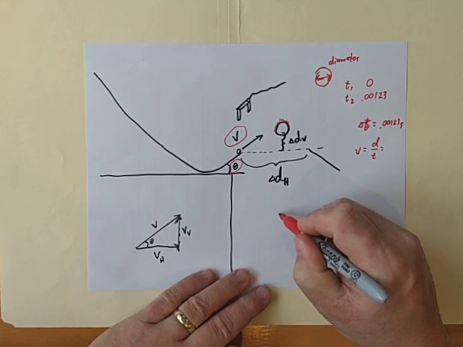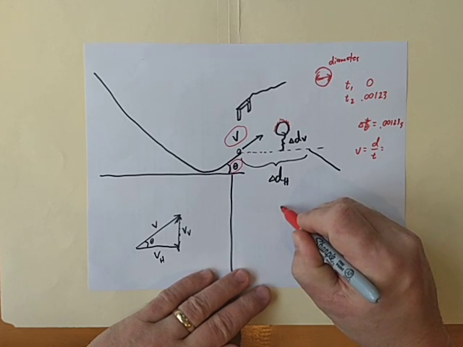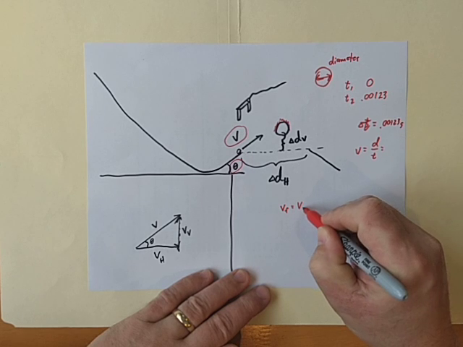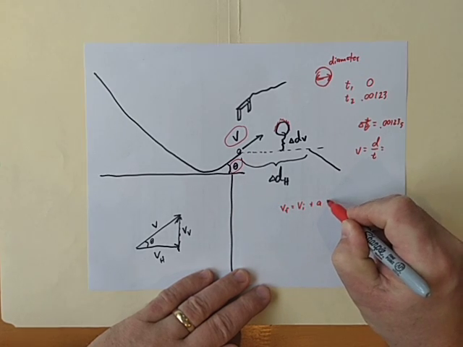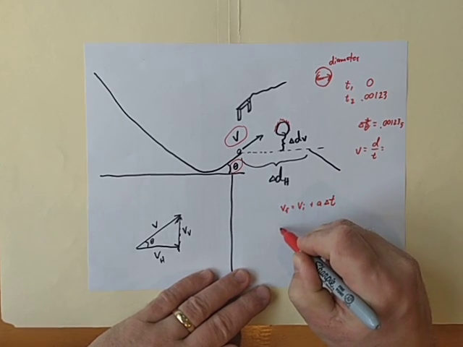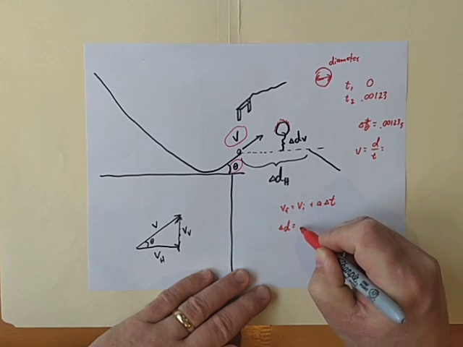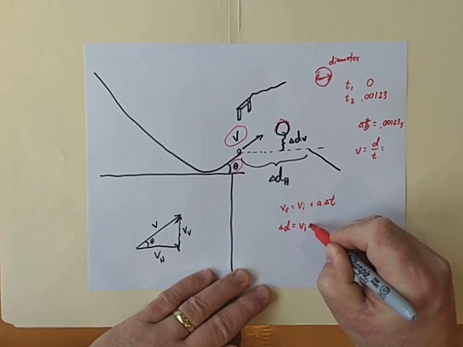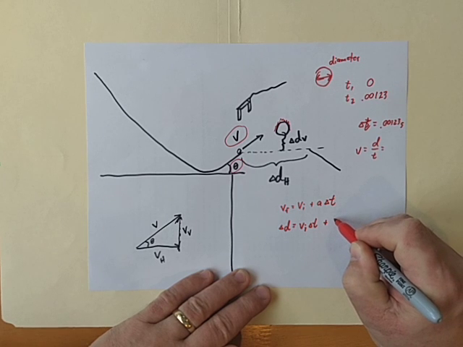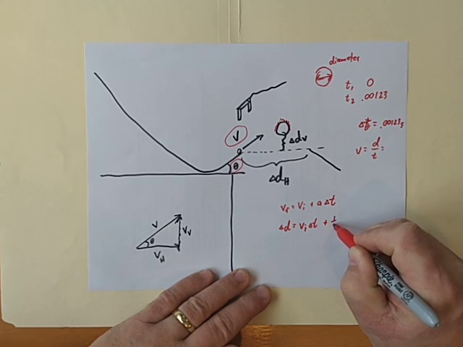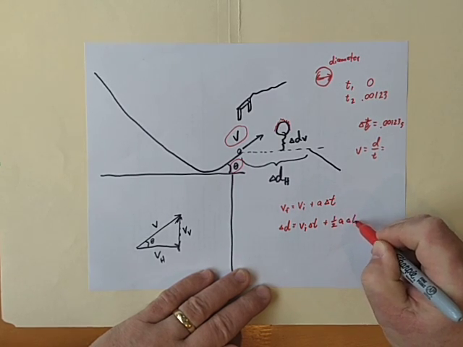Remember our equations. Let's see, VF equals VI plus A delta T. Delta D equals VI delta T plus 1/2 A delta T squared.